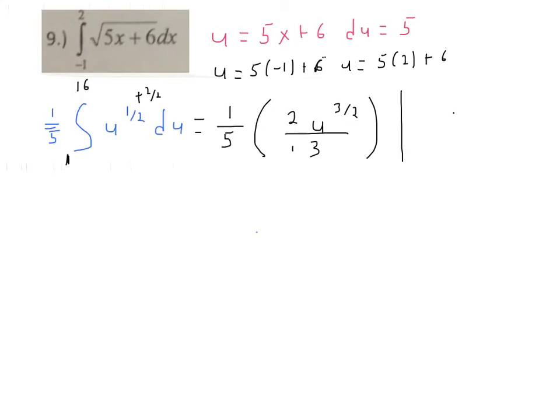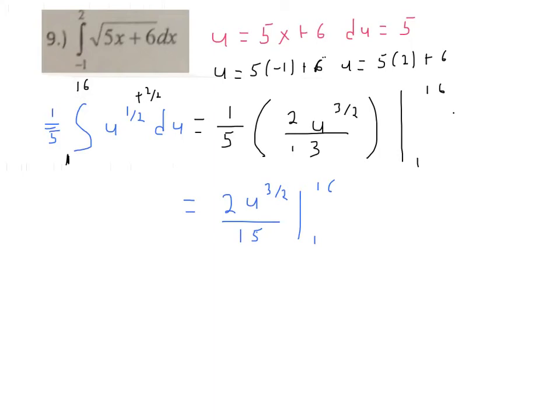And we're doing this from 1 to 16. I'm going to clean this up just a little bit and say that this is 2u to the 3/2 over 15 from 1 to 16.